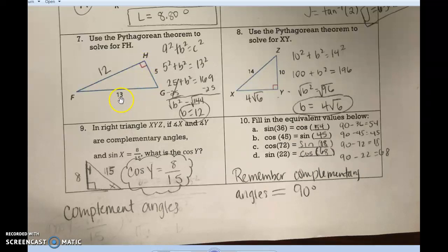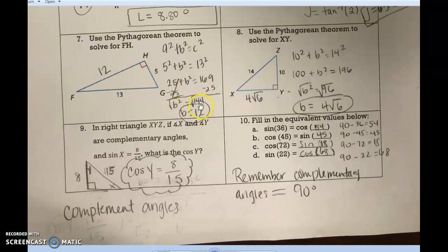They're giving you the hypotenuse and a side, so I just filled in the blanks. So 5 squared plus b squared equals 13 squared. So 25 plus b squared equals 169. I'm going to subtract 25 from both sides, which is 144.